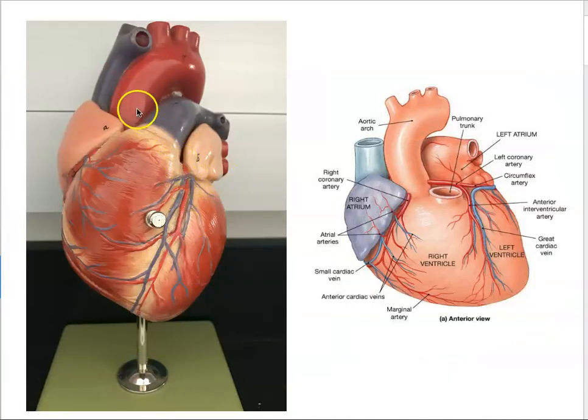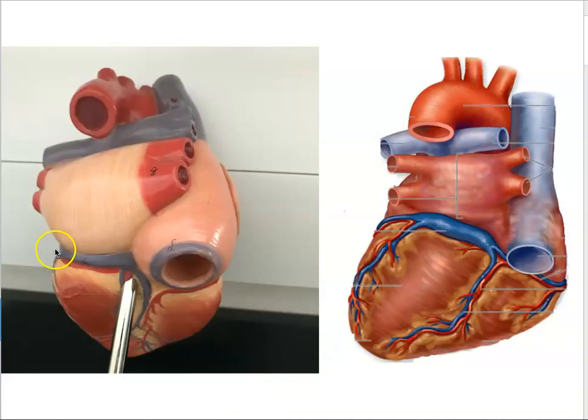We said the left coronary artery, we can't see it because it's where? It's hidden behind the pulmonary trunk. Here's its first branch, the left anterior descending artery, and the circumflex is going to continue on in here, in the coronary sulcus on the left side.